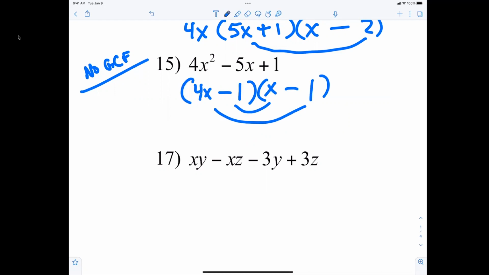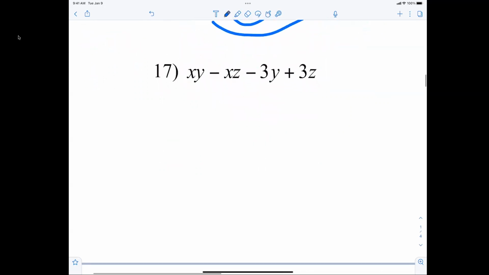Now, number 17, 4 terms. So I'm going to do what? Factor by grouping. What's common? X. What do I get? What's common? Negative 3.